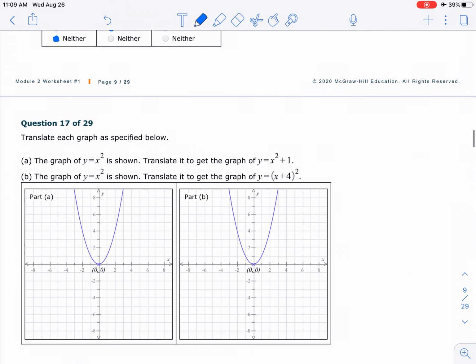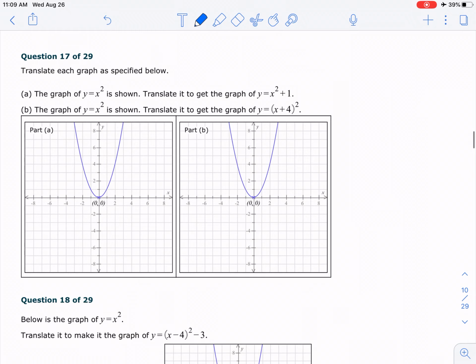Okay, now transformation. So we want to translate the graph. Okay, so you can see that for part A, we have y equals to x squared. You want to translate to get the graph x squared plus 1. If the number is outside of the parenthesis, that means we have up and down.